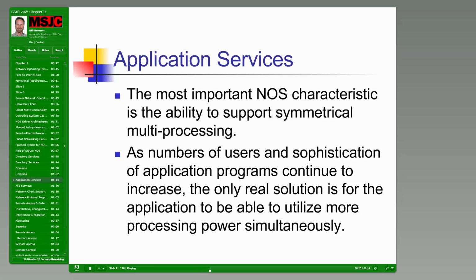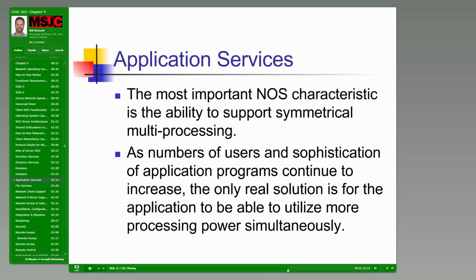If it has multiple cores, then we can process more threads. If it has multiple CPUs, we can process more threads. So on servers, it's really important to be able to process many threads simultaneously, because you're going to have many users accessing and attempting to get resources from that server at the same time.